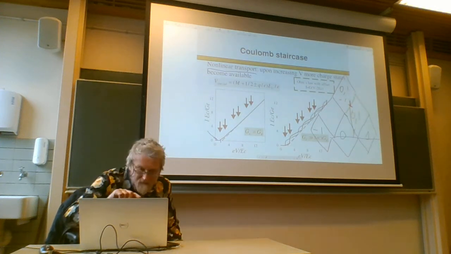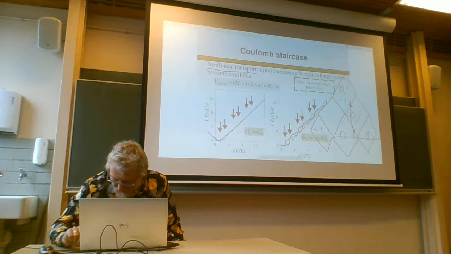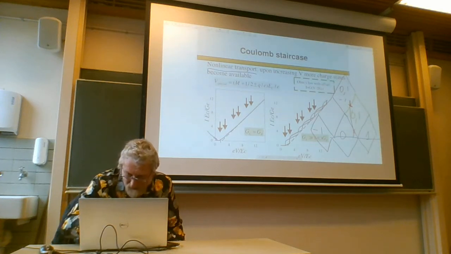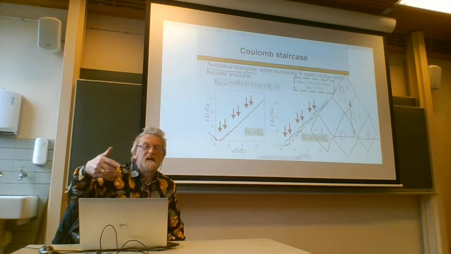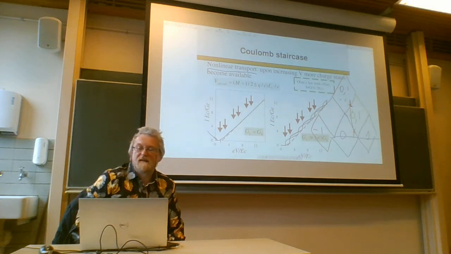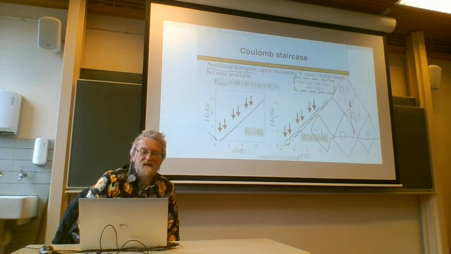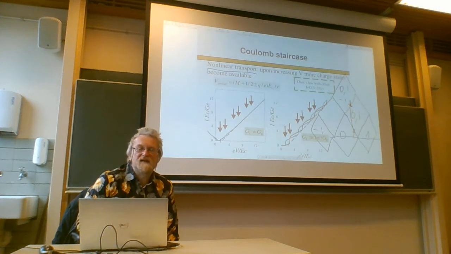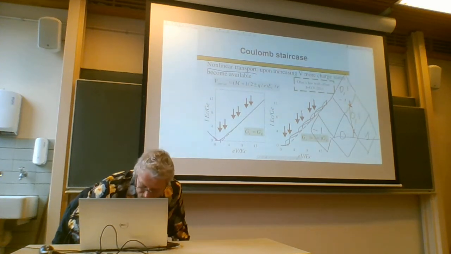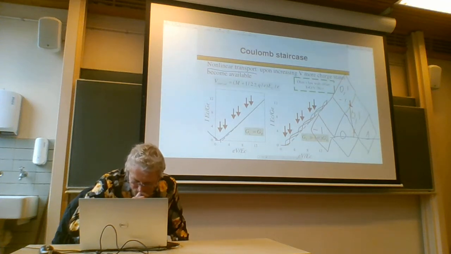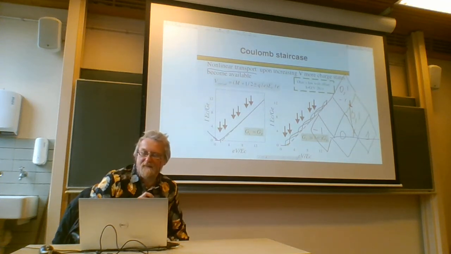Good. So if we increase voltage, we make more charge states available for transport, and that in principle gives a peculiarity, a cusp, a change of derivative at the curve. Well, that's kind of theory.